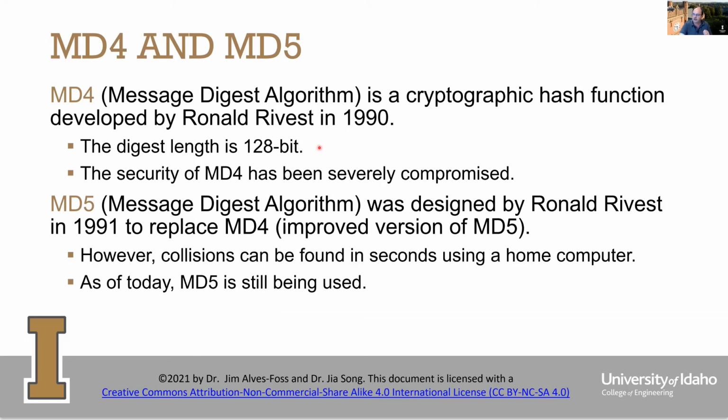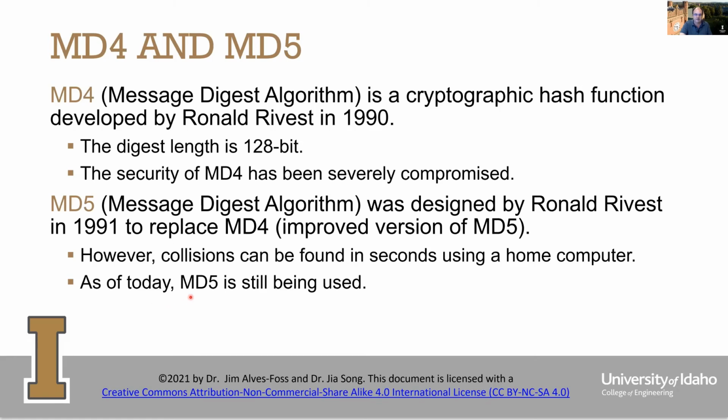It's a 128-bit message digest, severely compromised, never used anymore. They found the problem and created MD5 to replace it. However, MD5 is not strong collision resistant, and collisions can be found in seconds using a modern home computer.